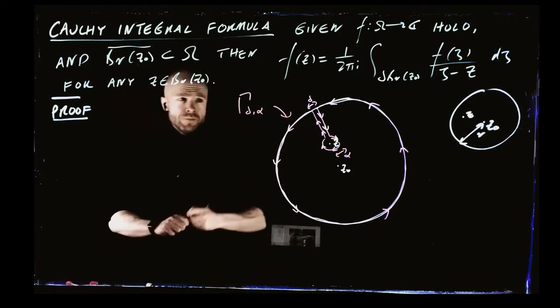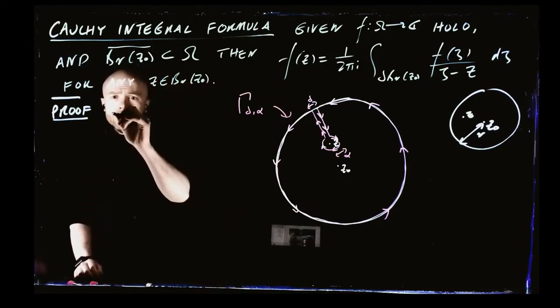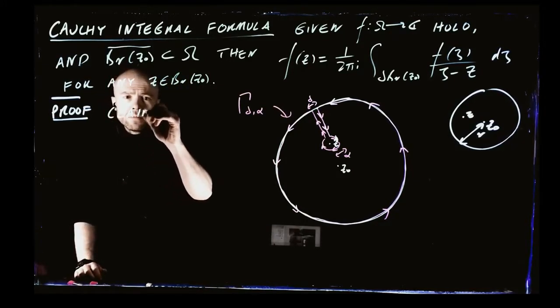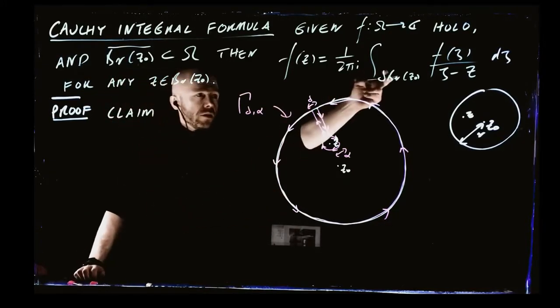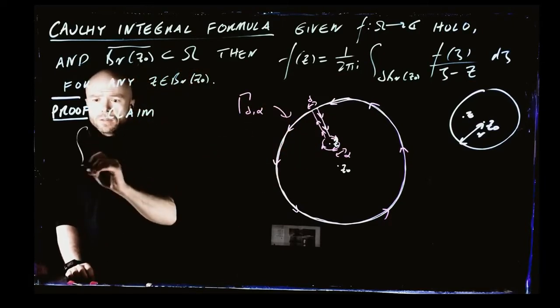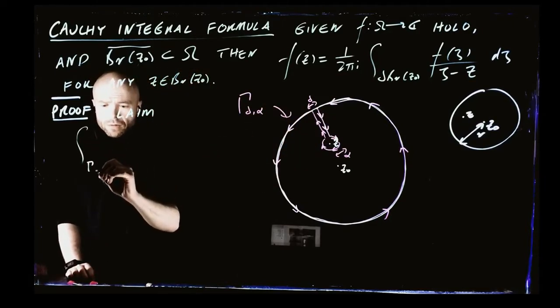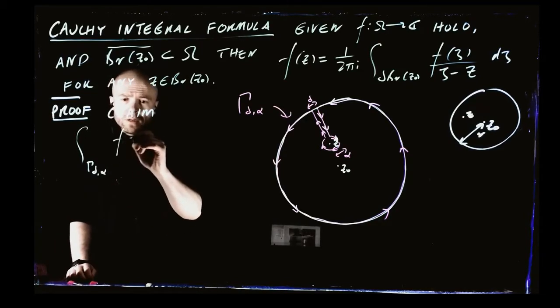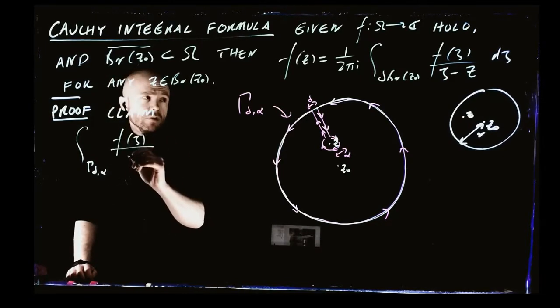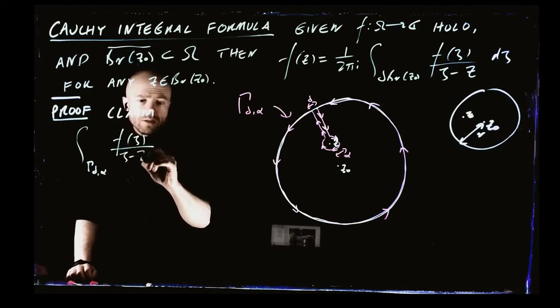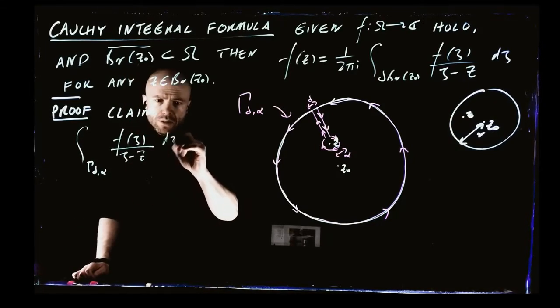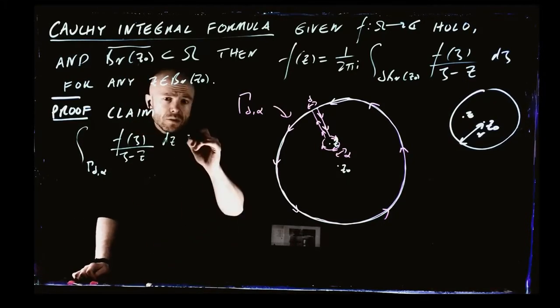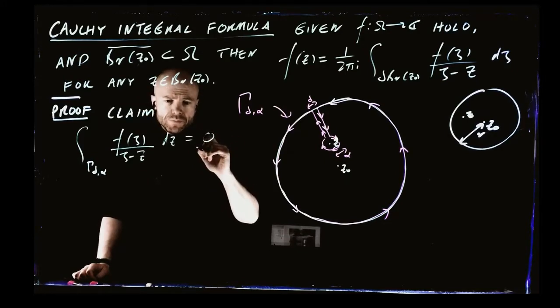And our first claim is that when we take this function and we integrate over the keyhole contour gamma delta alpha, f of zeta over zeta minus z d zeta, yeah, we claim that this is equal to 0.